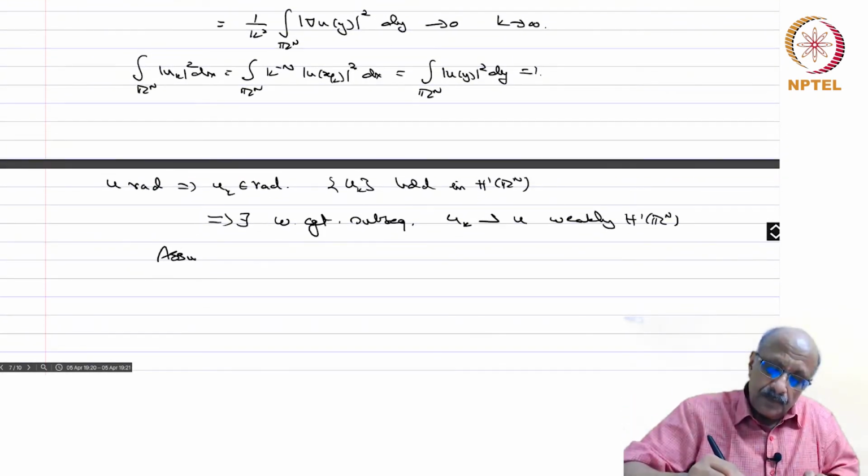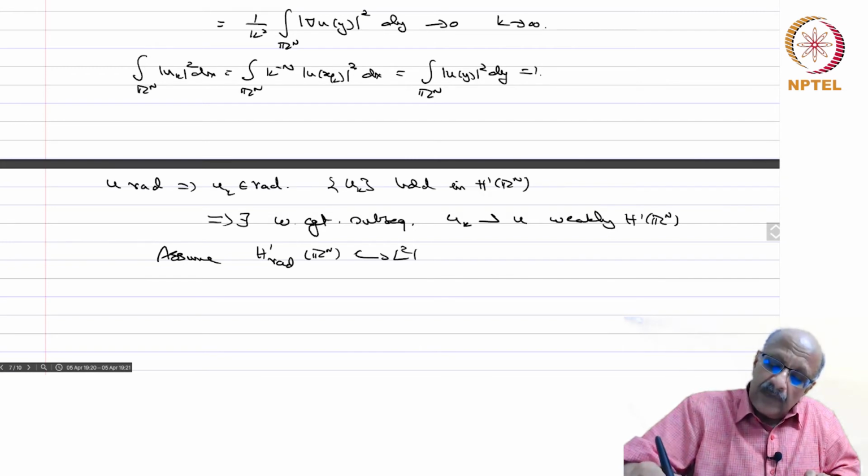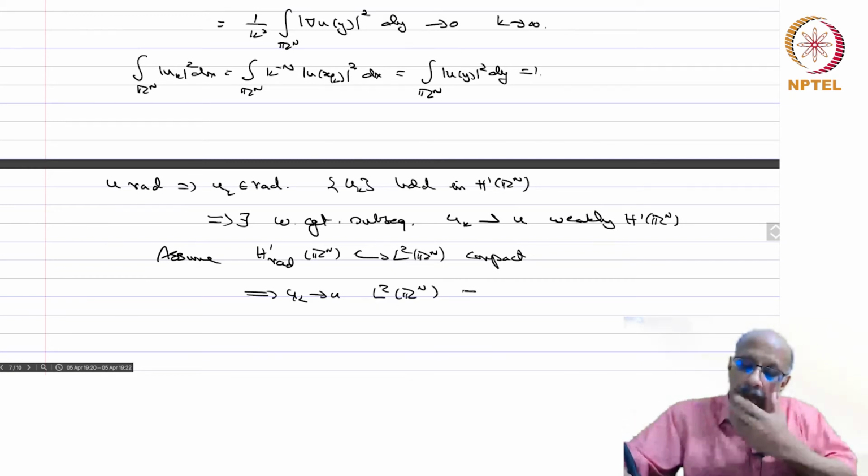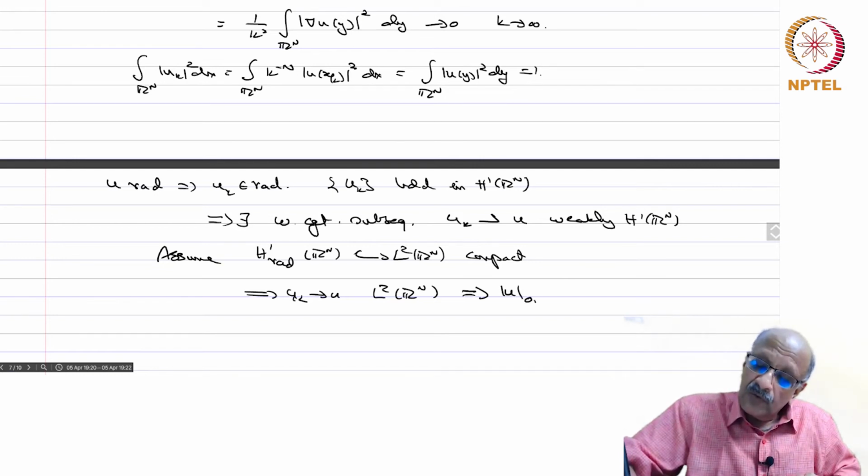Assume the embedding of H^1_rad(Rn) into L2 of Rn is compact. So this will imply that u_k converges to u in L2 of Rn, which implies the L2 norm of u equals 1.